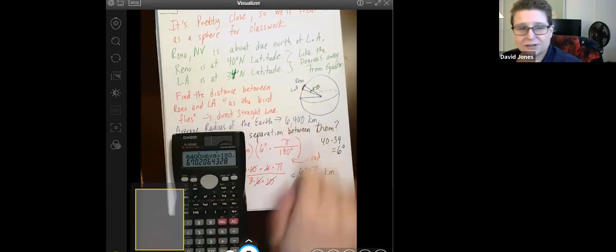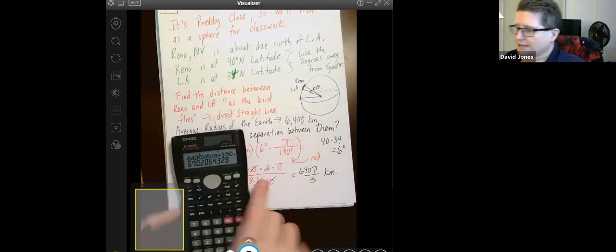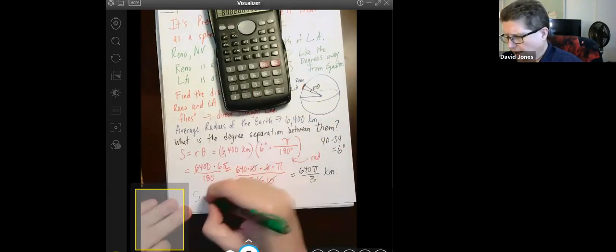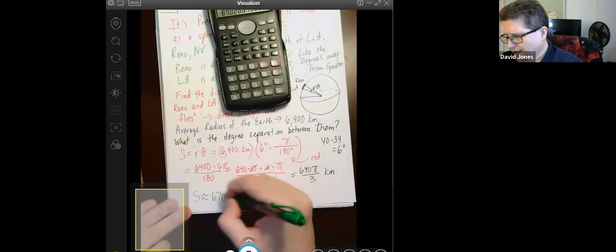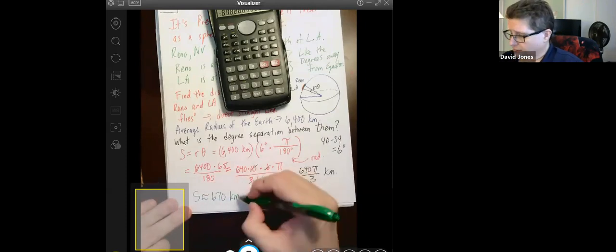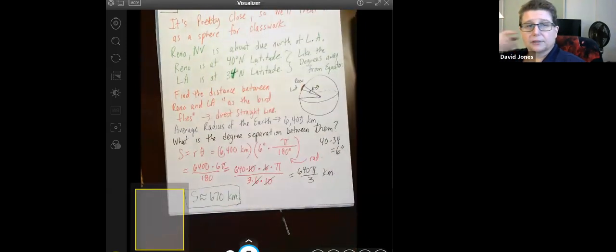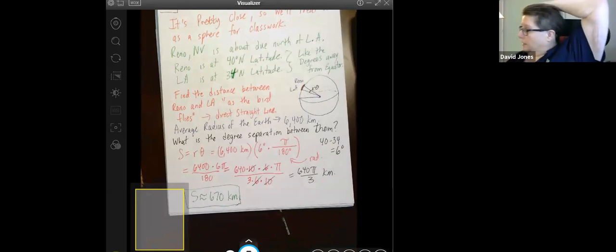We're going to just round to the nearest kilometer, 670 kilometers. This is approximately 670 kilometers. Okay. That's another example of using something real world-ish to determine the distance between them.